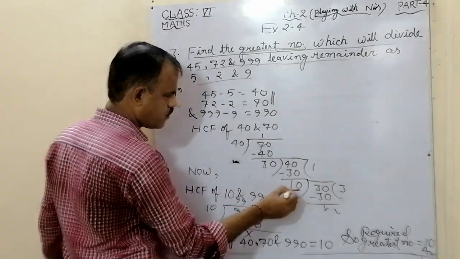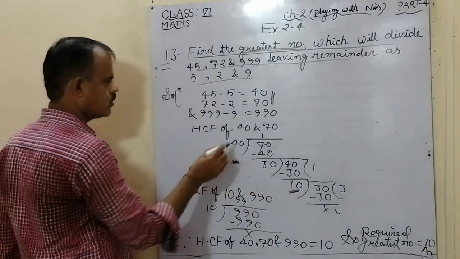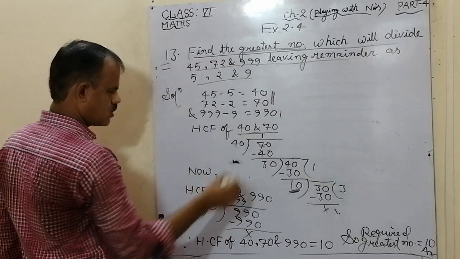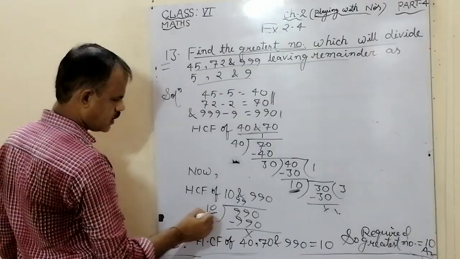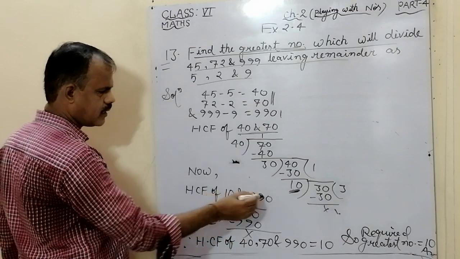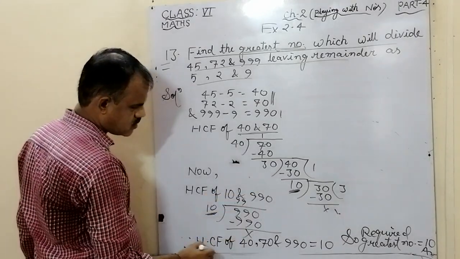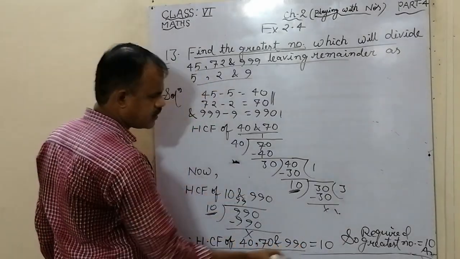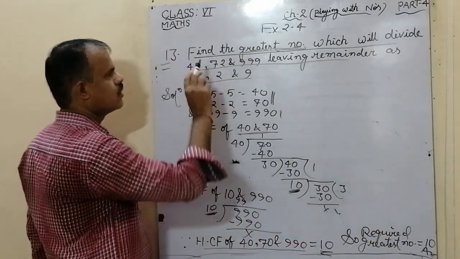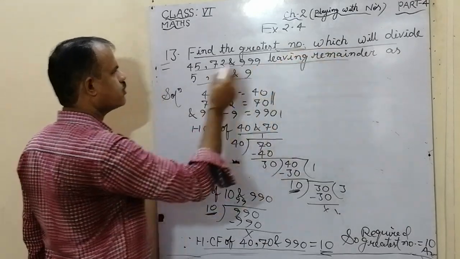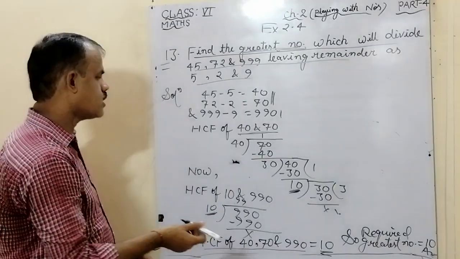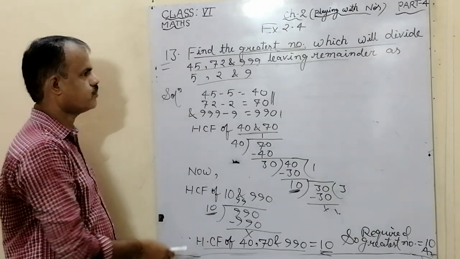So 10 is the HCF of 40, 70. Now 10 and 990. So 10 is the HCF of 10 and 990. So HCF of 40, 70, 990 is 10. So the required greatest number is 10. So 10 is the greatest number which will divide these three numbers, leaving these remainders. Okay, you can check your answer also.